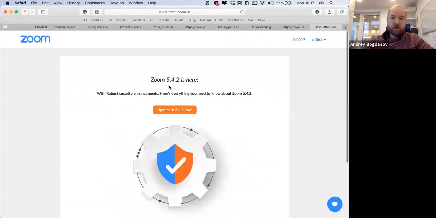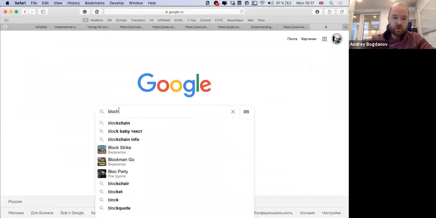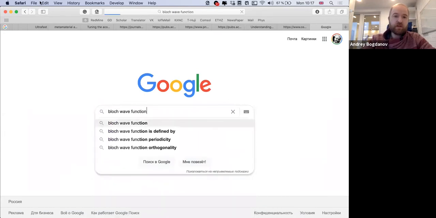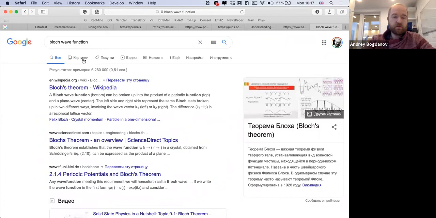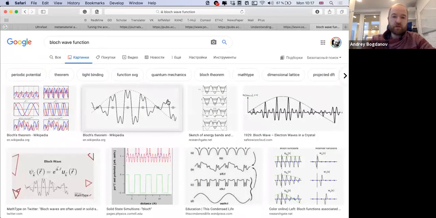Let me show you the Bloch solution, the Bloch wave function, and have a look at some figures. For example, this one: here you see we have some envelope function, and some oscillations inside this envelope.